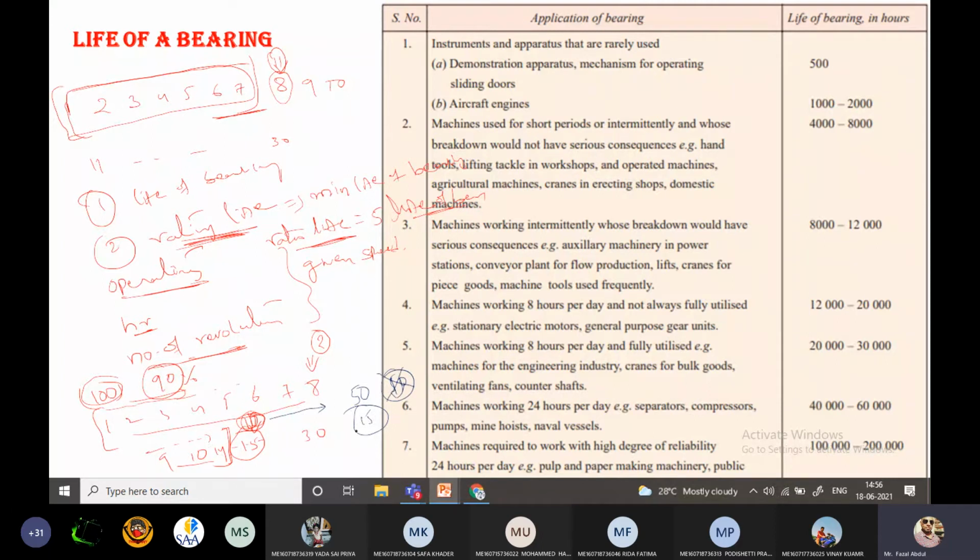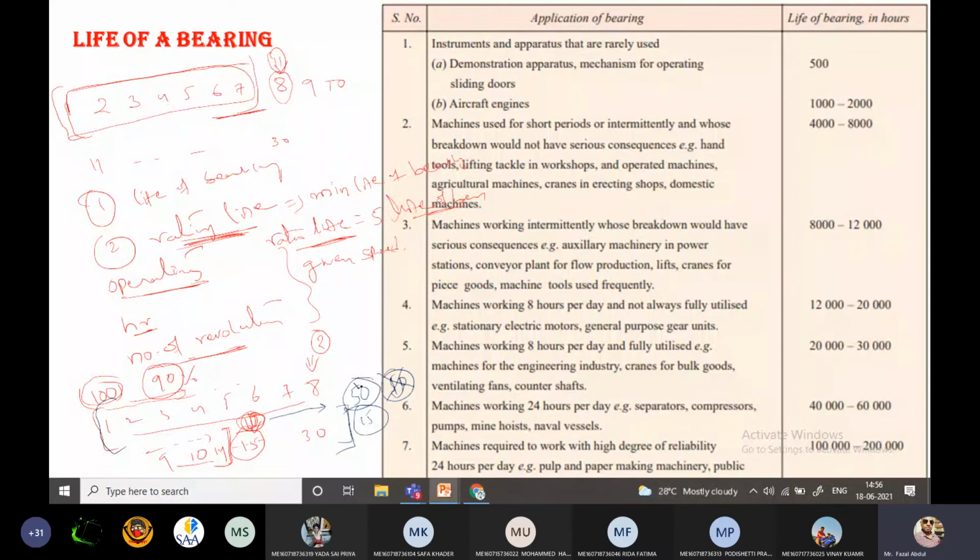Okay, so the remaining bearings that are there, from here, from the first month to the 14th day of the next month, that total time is considered as the average life of the 50% of the bearings.